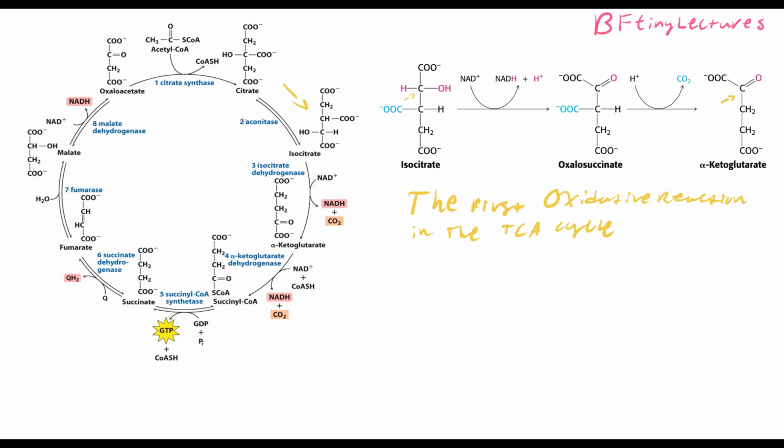But isocitrate to alpha ketoglutarate is metabolically irreversible, so you cannot take it back. I don't know how to spell the big word, so I'm just going to say irreversible.